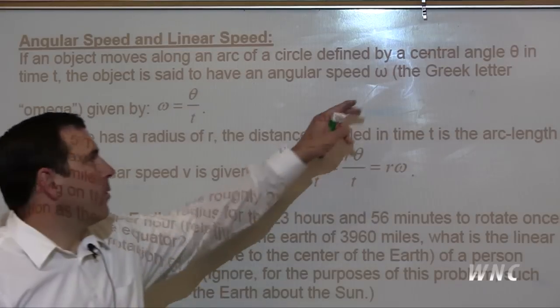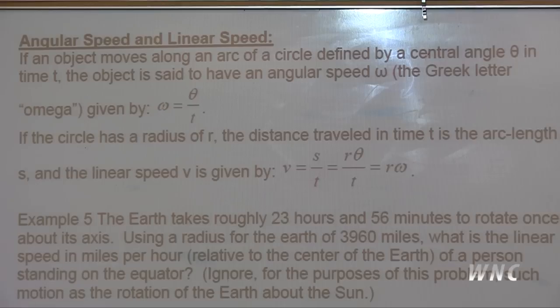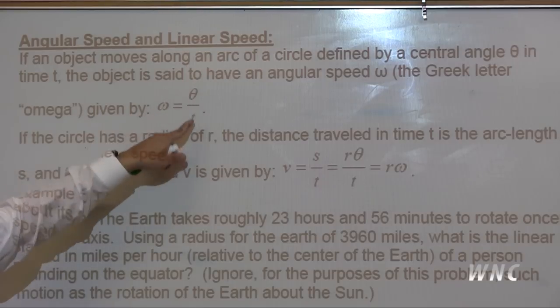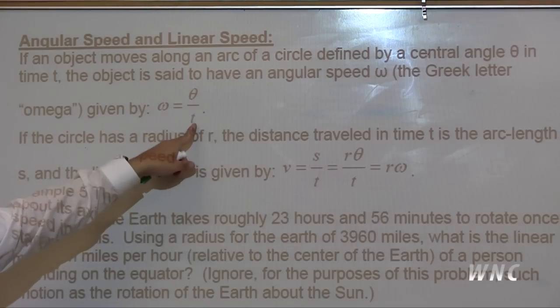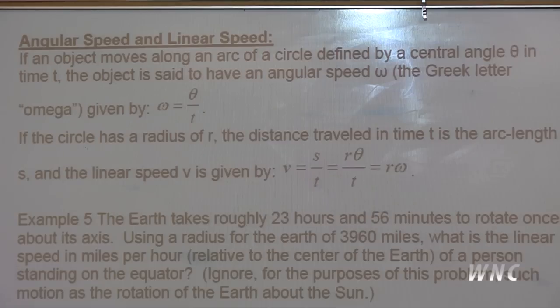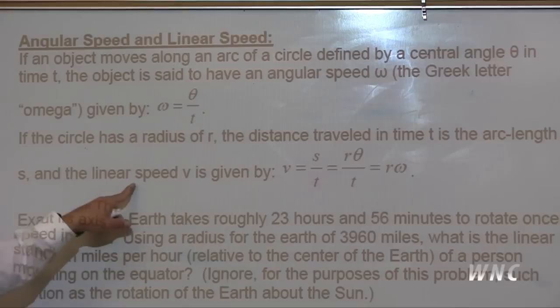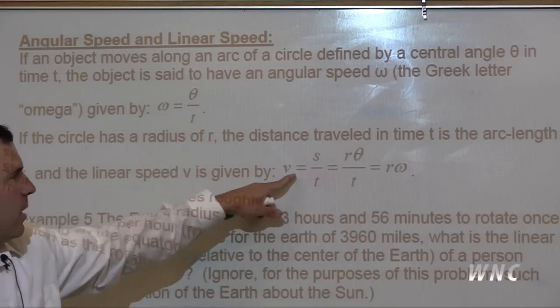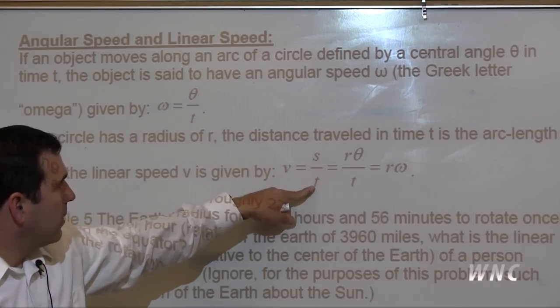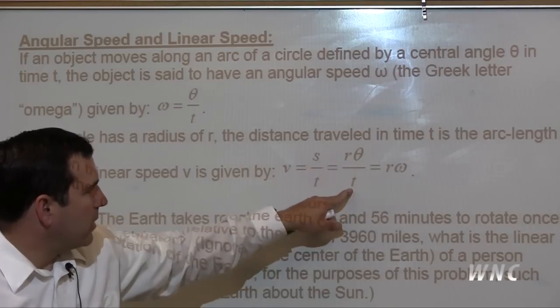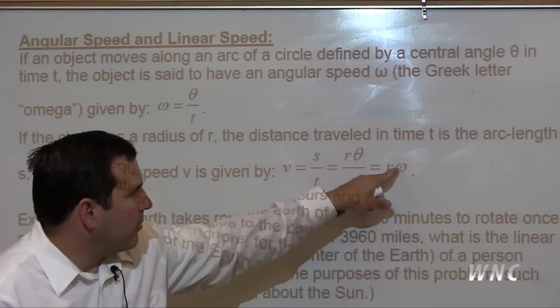This is the Greek letter omega, I believe the lowercase version. Omega is theta divided by time, so the angle covered divided by the time it takes. If the circle has a radius of r, the distance traveled in time t is the arc length s, and the linear speed v is given by v equals s over t, but s was r theta, so v is r theta over t, which is r times omega.